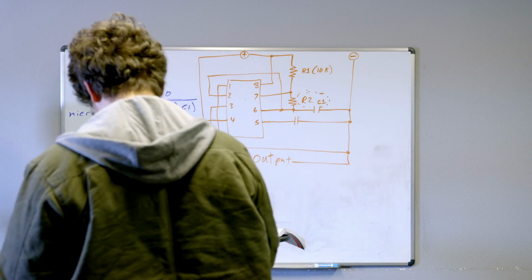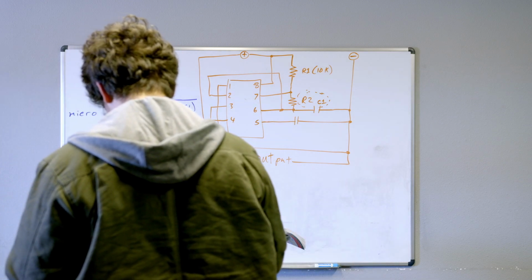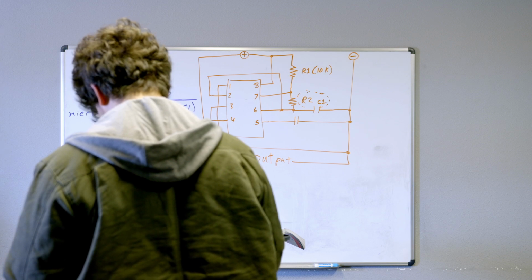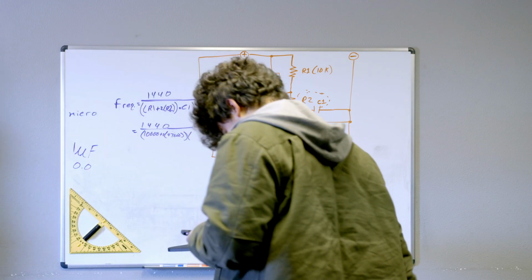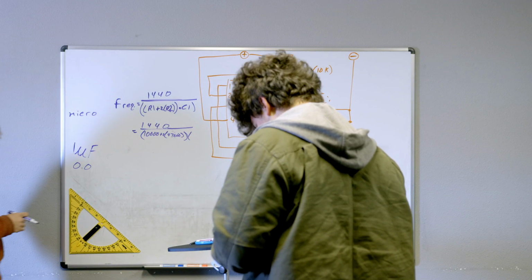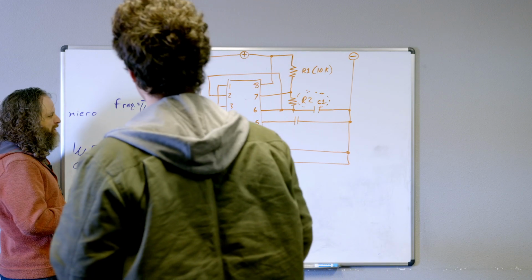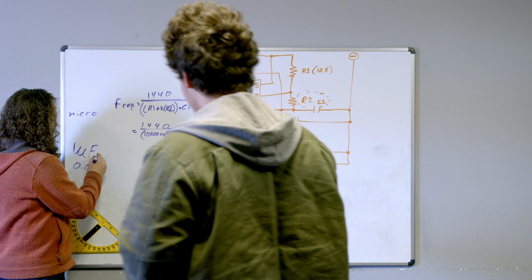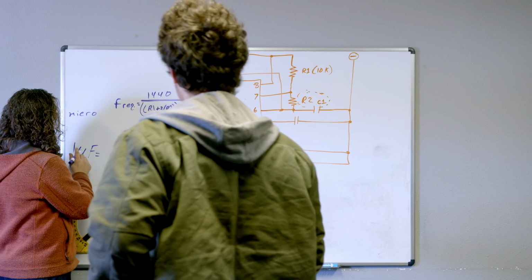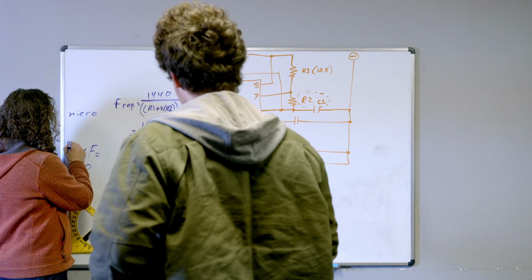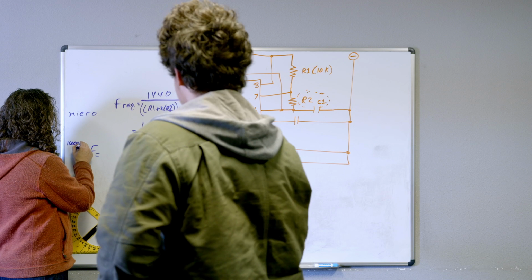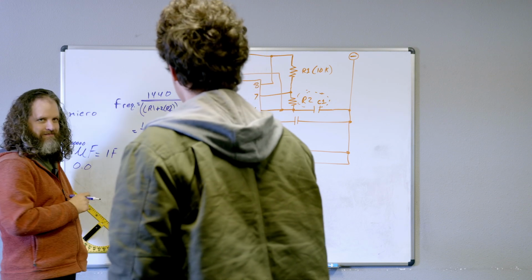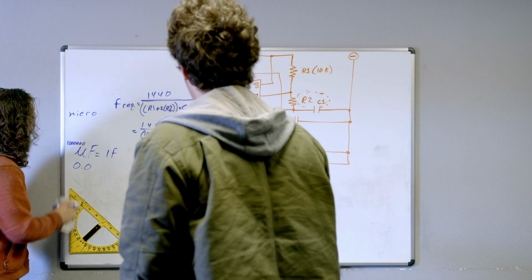It's spelled like it sounds. A million. A million microfarads. Holy cow, that's a lot. So a micro is a millionth? Millionth of a farad.